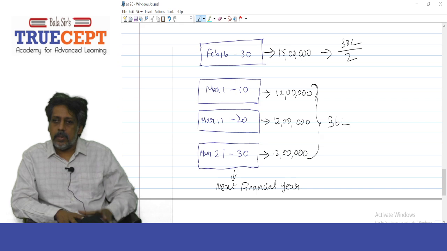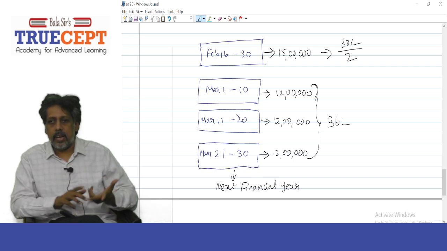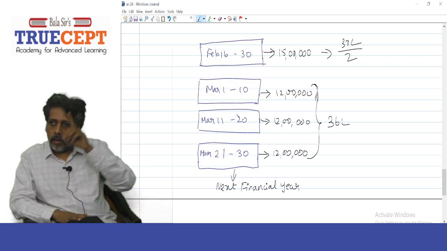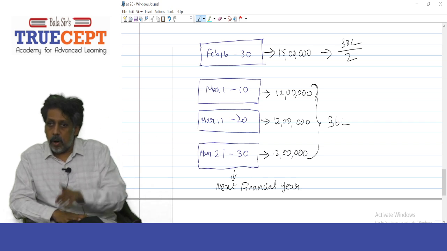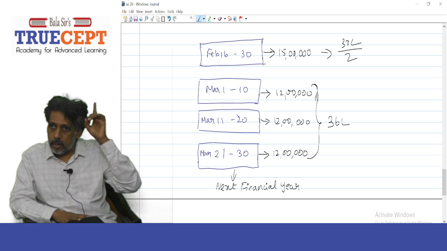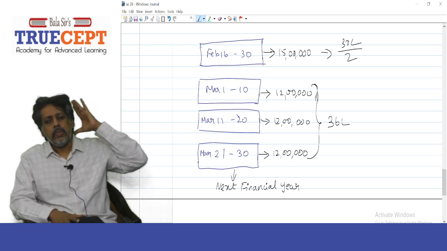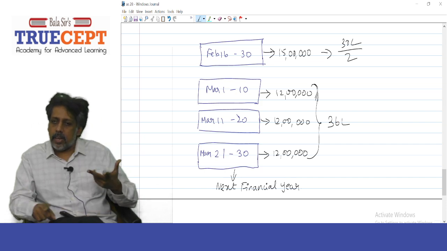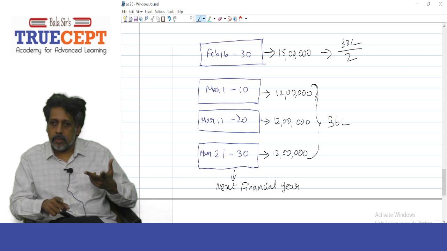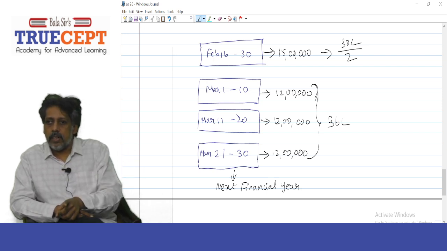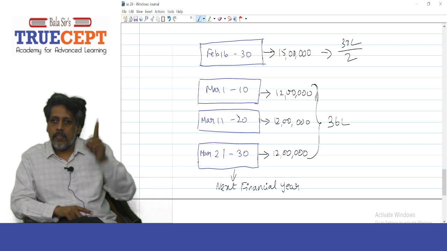Where is it given in the side that I should make a provision? Please remember, AS 9 says that whenever the goods are sold with the right to return, not on approval, then the standard says that you please recognize the sales in full, no problem, but make a provision for the refund.